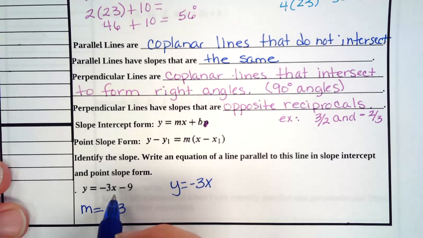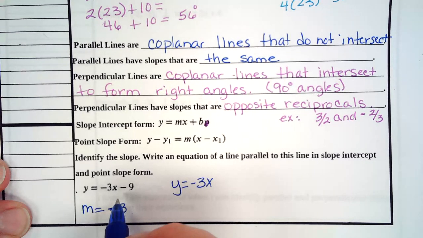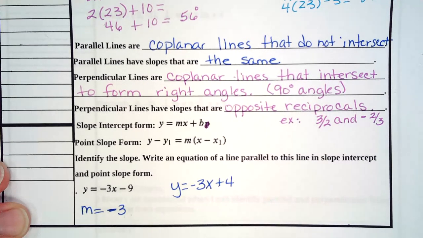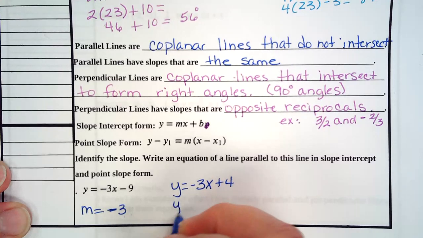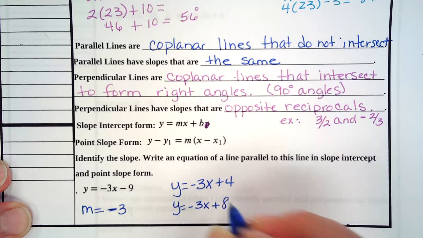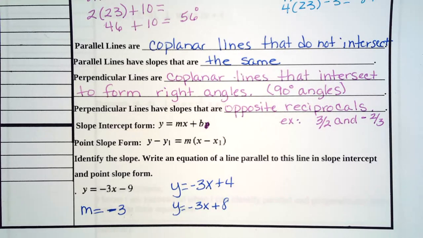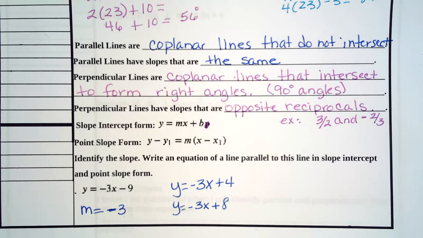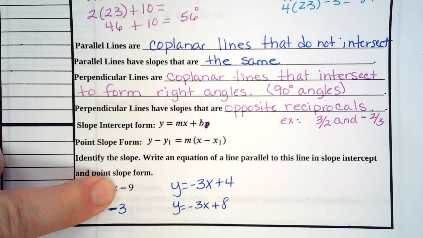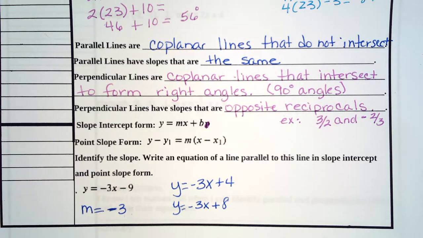Now for b, anything that is not -9. How about +8? That'll work. y is equal to -3x plus 8. I could have -101. As long as your b value is not -9, you're fine.